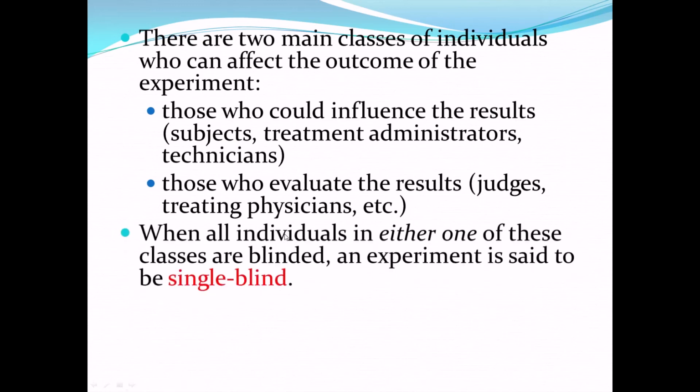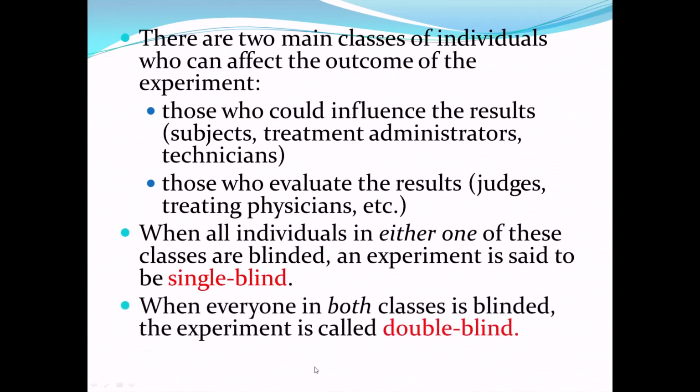So when all the individuals in either one or the other of these classes are blinded, when they're not told what the individuals are getting for a treatment, the experiment is said to be single-blinded. What might even be better is if the individuals in neither group know what the subjects are being treated with. So when everyone in both classes is blinded, the experiment is called double-blind.